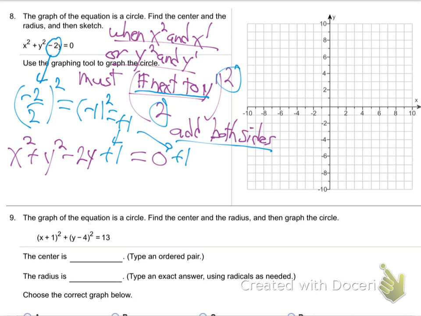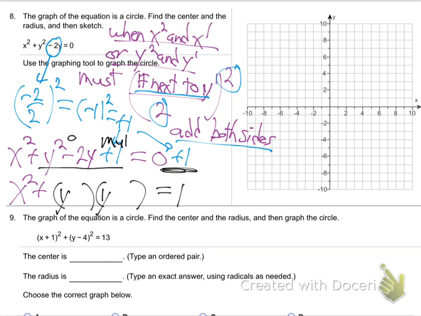I have to add the 1 to both sides. Okay. Then, so what does that do? Well, then the y stuff here is guaranteed to factor. How does that factor? The other side's just 1, right? 0 plus 1 is just 1. How does that factor? What are two numbers that multiply to be 1 and add to be minus 2? 1 times 1 multiplies to be 1, and if both of them are negative, they'll add to be negative 2, won't they?